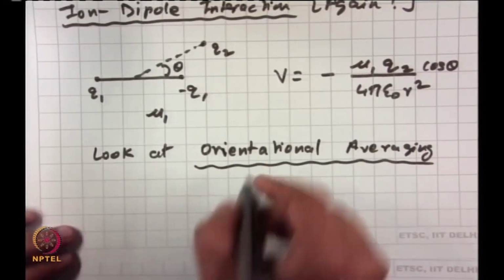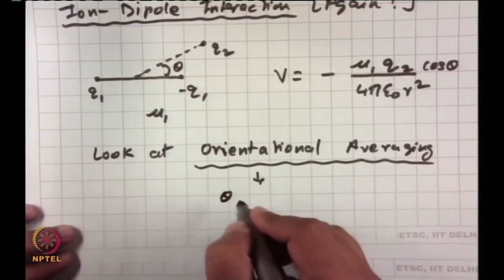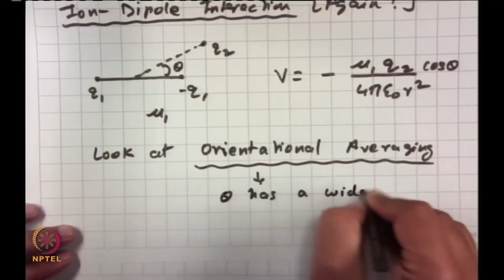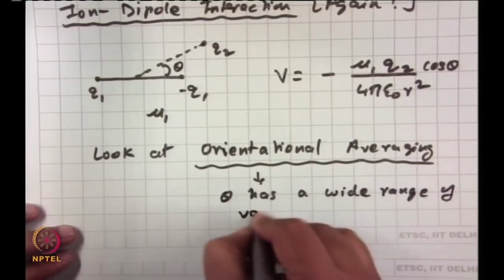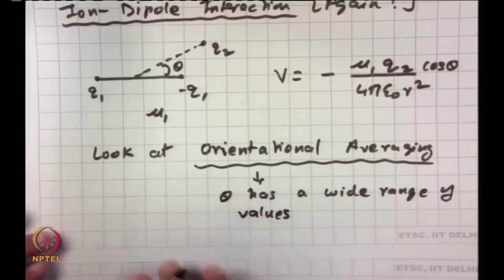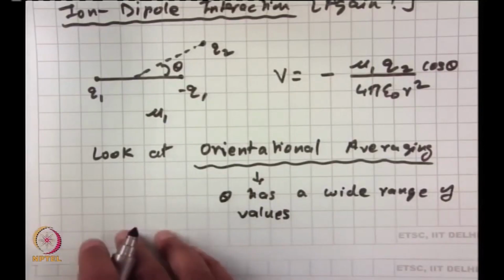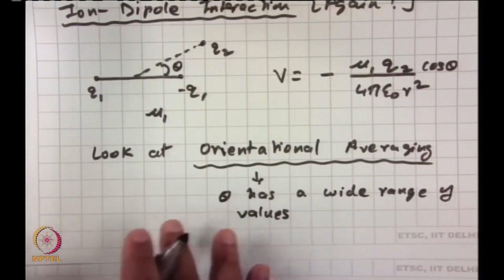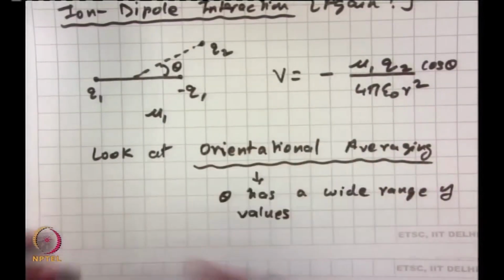That means theta has a wide range of values, and I will just tell you what the range is. You will be surprised what this orientational averaging can do to interaction. Just wait for this.